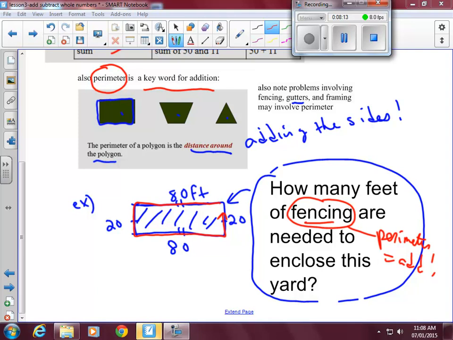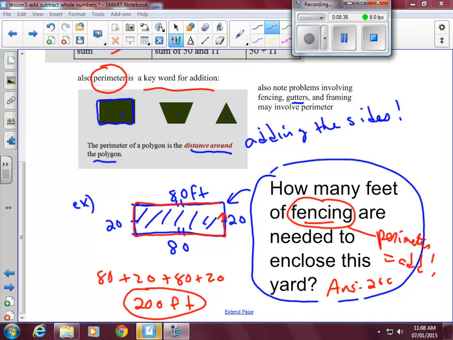So 80 plus 20 plus 80 plus 20. Okay. Survey says. So 80 plus 20, you could even write that out, is 100, and then another 100, so 200. So you would need 200 feet of fencing. So the answer there would be 200 feet.